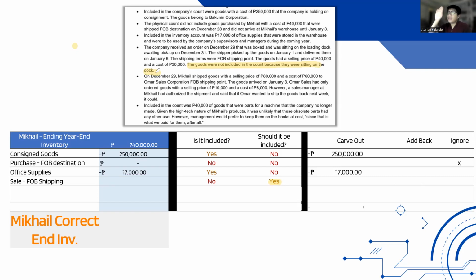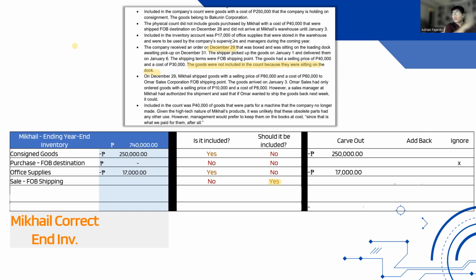So again, the reason why I wanted to do that analysis is to just tell you na magugulat talaga kayo. Like, generally, kapag in transit, shipping point, buyer yung may-ari. Dahil seller tayo, you'd think dapat hindi niya in-include. But, the key fact here is that on December 29, the goods were not in transit.